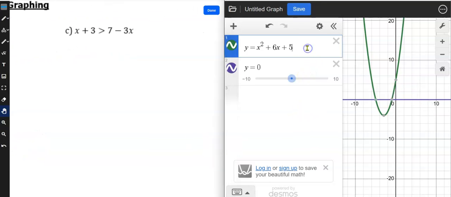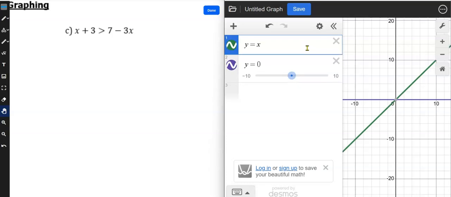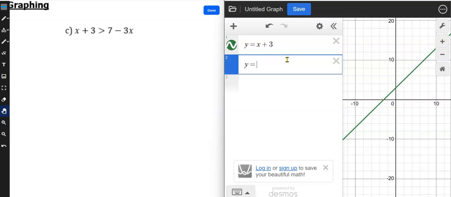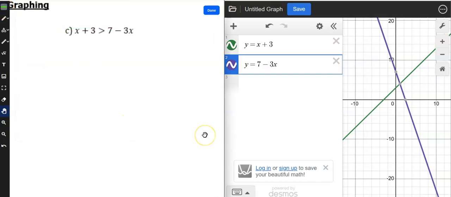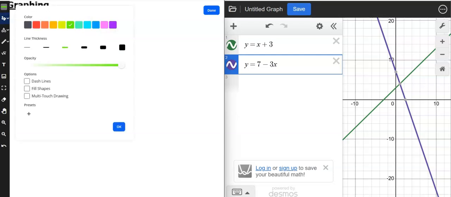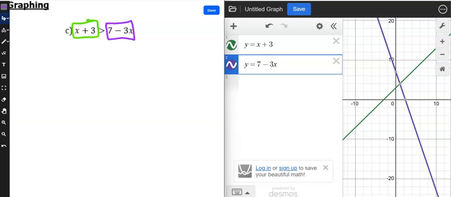Okay, so y equals x plus 3, and then y is equal to 7 minus 3x. So they want to know when the green line is bigger than the purple line.